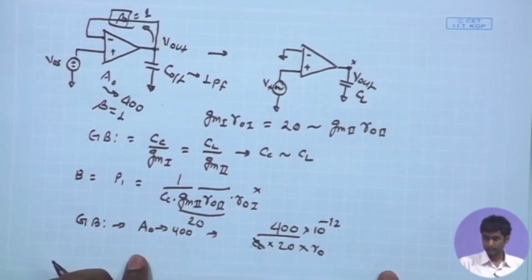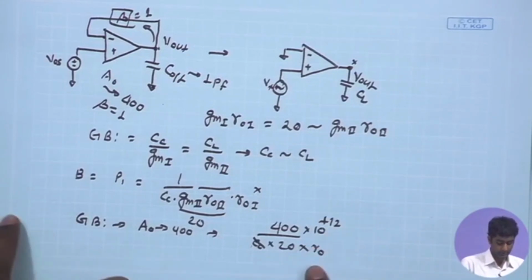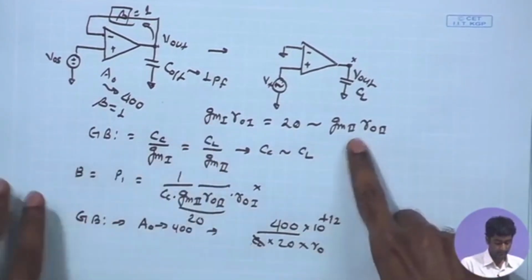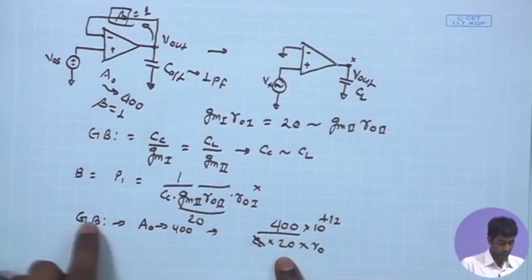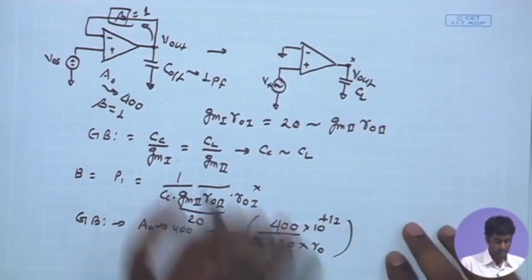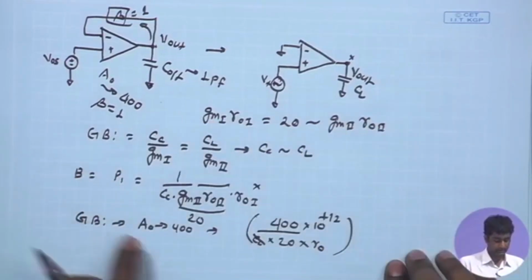So, this is the overall gain bandwidth product that you have available from here. Also, we have the value of RO, which is also known, because we have GM1 RO equal to 20 from both these cases.